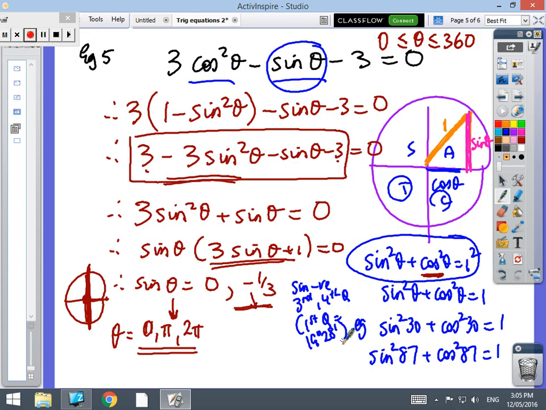And so in the third quadrant, we've got 180 plus that, so 199 degrees 28 minutes for the third, and for the fourth, 360 minus that answer, which gives us 340 degrees and 32 minutes.